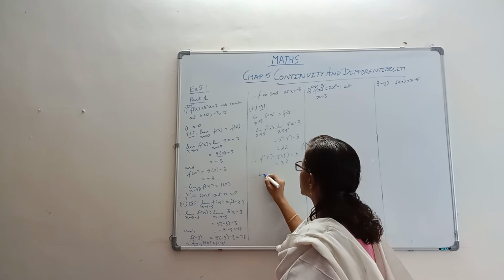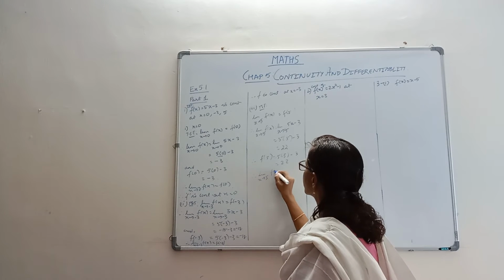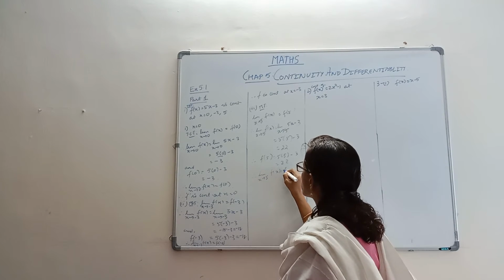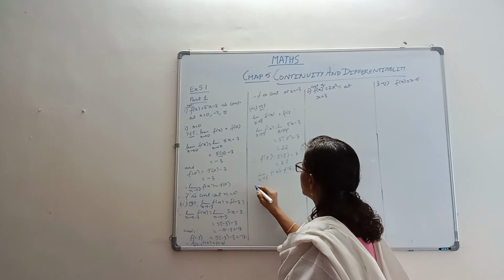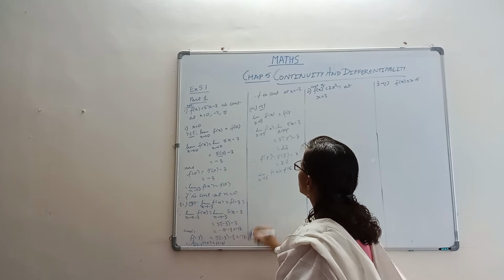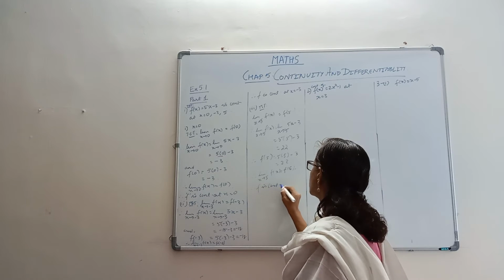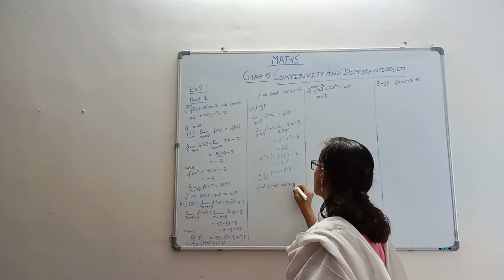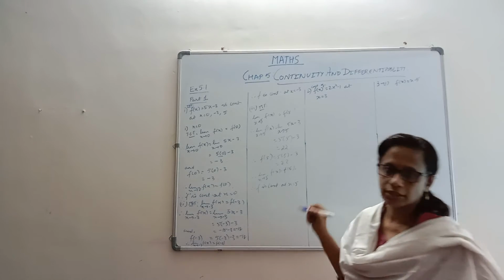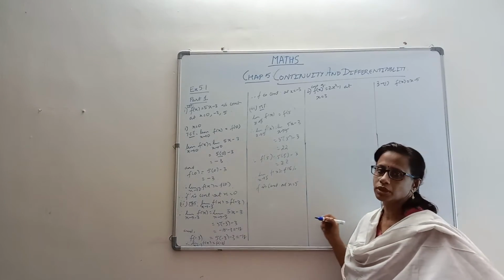Therefore, limit as x tends to 5 f of x is equal to f of 5. Therefore, f is continuous at x equal to 5. So that's about it. This is how we show the continuity.